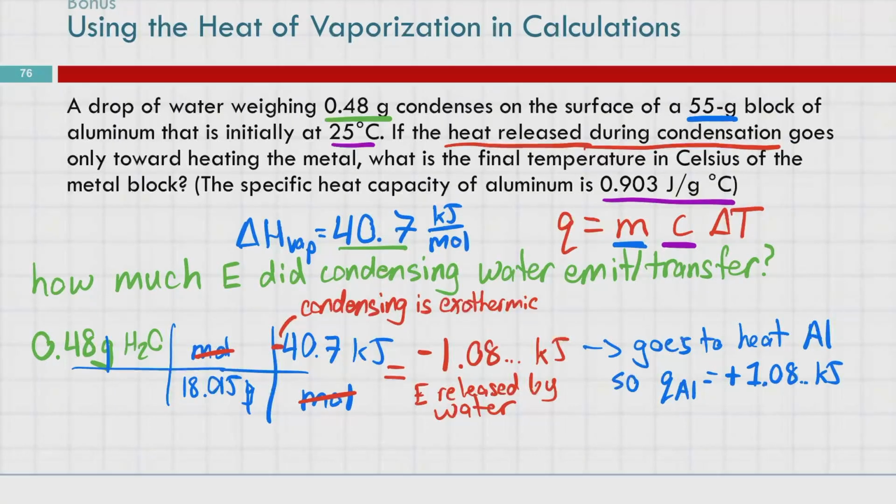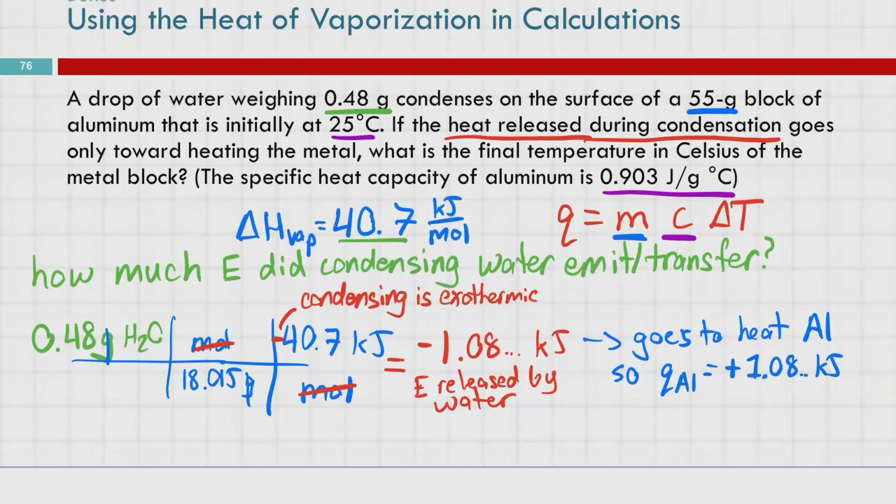So we've got everything we need to solve for the final temperature that'll be baked into this delta T. So we're going to rearrange that to delta T equals Q over mc. That'll be our change in temperature.